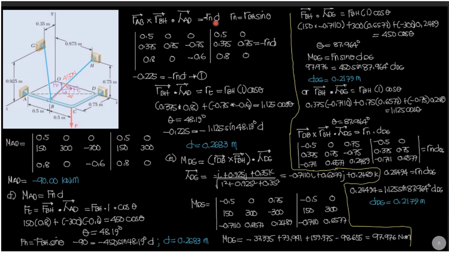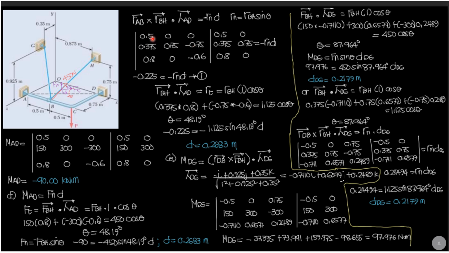So I'll just call that RND, where RAB is this vector here, 0.5, 0, 0, then cross RBH. RBH as a line in vector form is 0.375i plus 0.75j minus 0.75k. Then the unit vector of AD is the same, 0.8, 0, negative 0.6. Copy the first two columns equals negative RND.